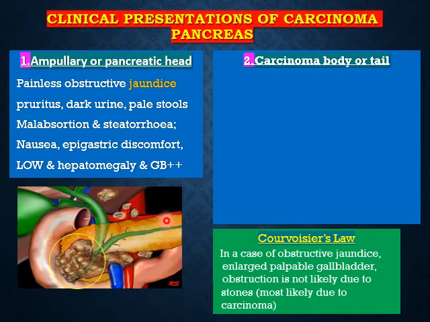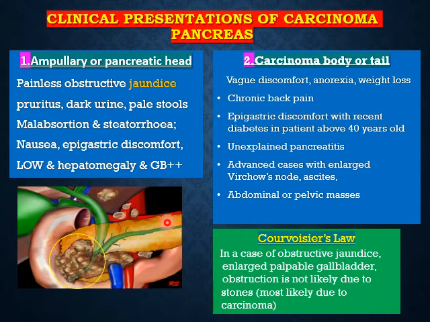The second group of tumors will be the carcinoma of the body and tail. Patient has got vague discomfort, anorexia, weight loss, chronic back pain, epigastric discomfort with recent onset of diabetes in patients above 40 years of age, unexplained acute pancreatitis, advanced cases with enlarged Virchow's node and ascites, abdominal and pelvic metastasis.